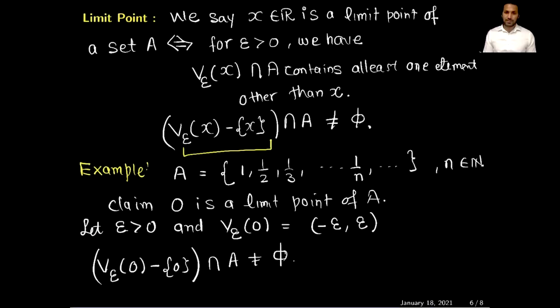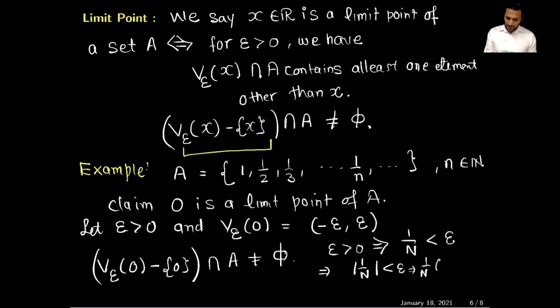To prove this, I need to show that both sets contain one common element. Since epsilon is strictly greater than 0, I can find a natural number N by using the Archimedean property so that 1 over N is less than epsilon. This implies that the absolute value of 1 over N is also less than epsilon, or in other words, 1 over N belongs to this open interval minus epsilon and plus epsilon.